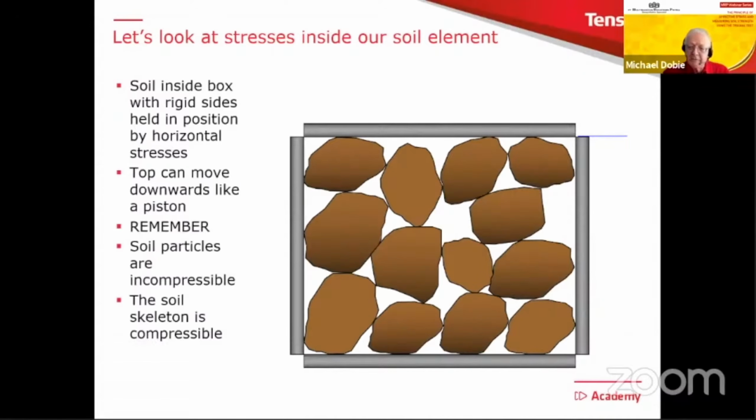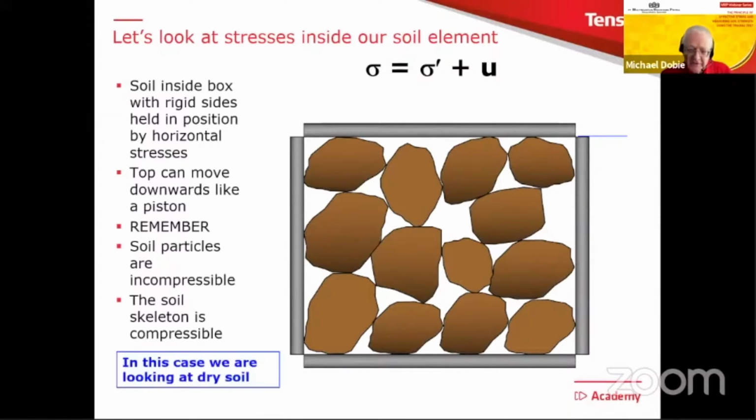And what we need to remember at this stage, two important things, is that in soil mechanics, we're going to assume that the soil particles themselves are incompressible. But the skeleton of soil particles, that's to say the assembly of them that you see there, is compressible. And then at the top there, I'm going to put our important little equation about effective stress.